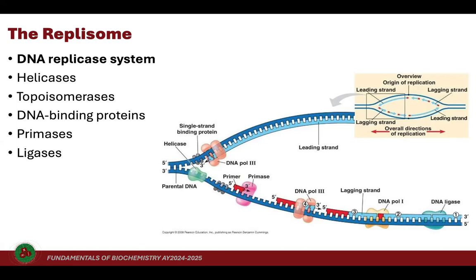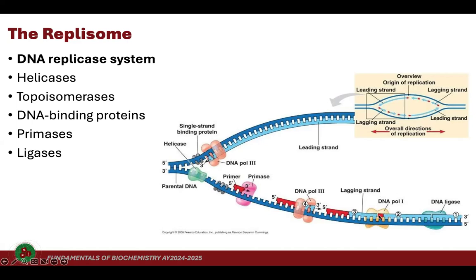And recall that it has exonuclease activity, but it can also synthesize DNA, right? So what it does is it removes the nucleotides from the RNA strand one by one, replacing them with the correct DNA nucleotide, again reading the template, until all of the RNA nucleotides are replaced.